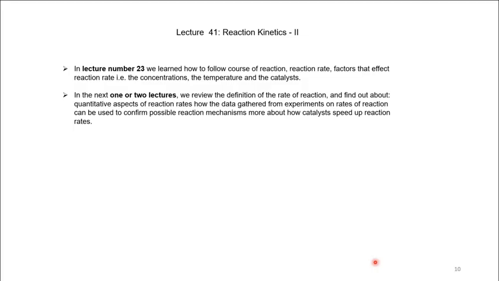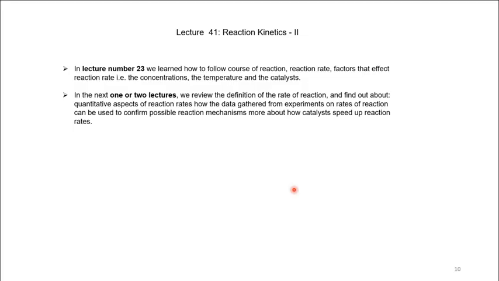We have finished that chapter, and in the next chapter we will review what we talked about reactions, how a reaction goes. We take the quantitative aspect of reactions, rates, and data gathered from experiments on rates of reaction, and that's what we will take in the next 1 or 2 lectures, and this is chemical kinetics.